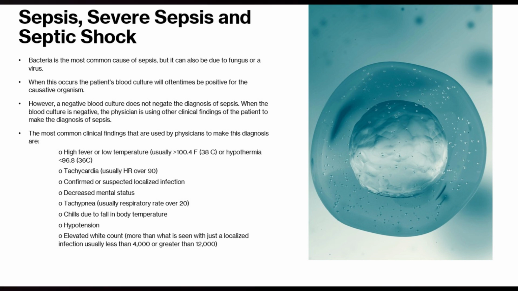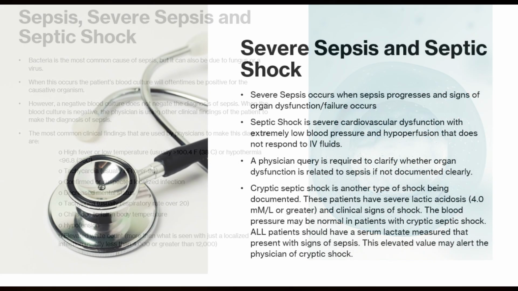sepsis. The most common clinical findings that are used by physicians to make this diagnosis are high fever or low temperature, usually greater than 100.4 degrees Fahrenheit or hypothermia, less than 96.8 degrees Fahrenheit, tachycardia, usually heart rate over 90, confirmed or suspected localized infection, decreased mental status, tachypnea, usually respiratory rate over 20, chills due to fall in body temperature, hypotension, and elevated white count, more than what is seen with just a localized infection, usually less than 4,000 or greater than 12,000.